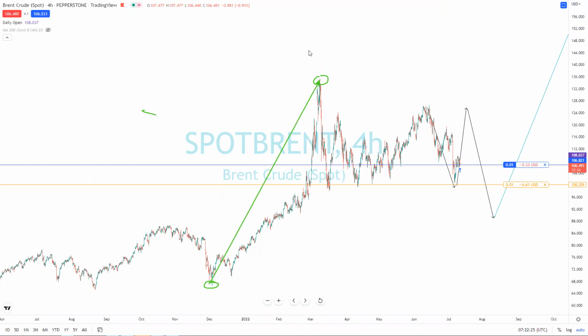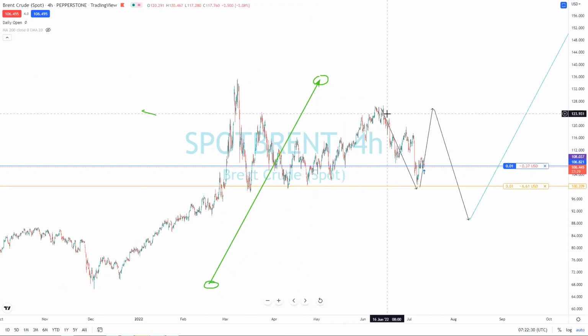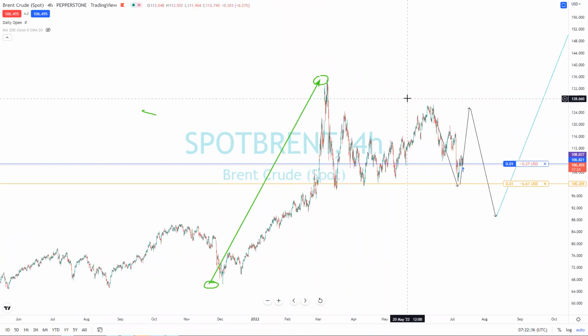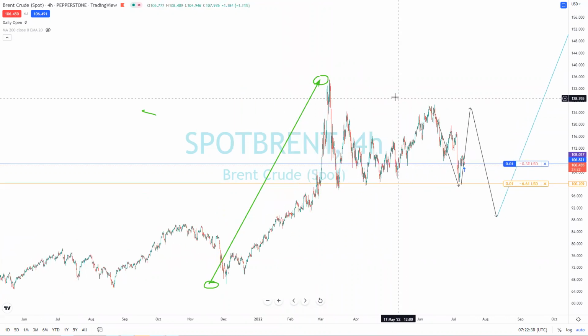Now, what kind of corrective structure do we have here? This is a complex corrective structure, which means it is made up of more than just one simple corrective pattern.